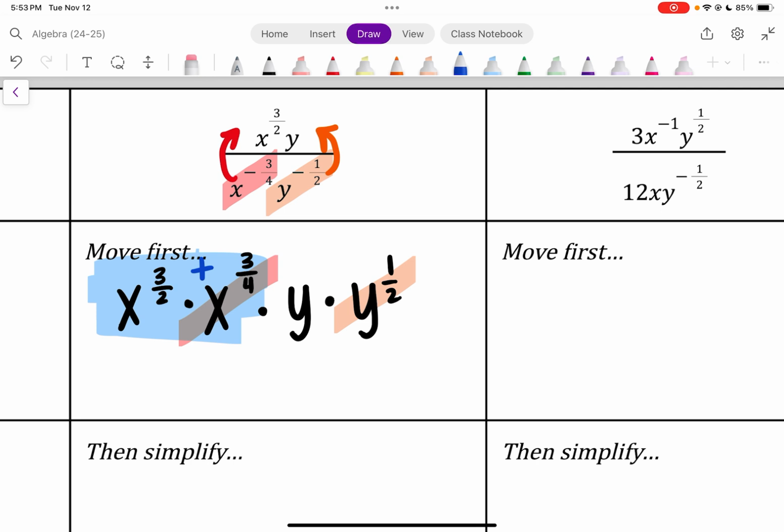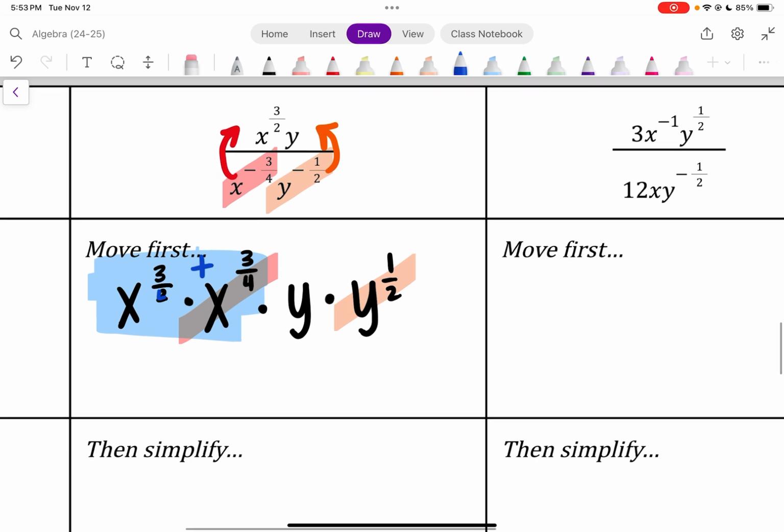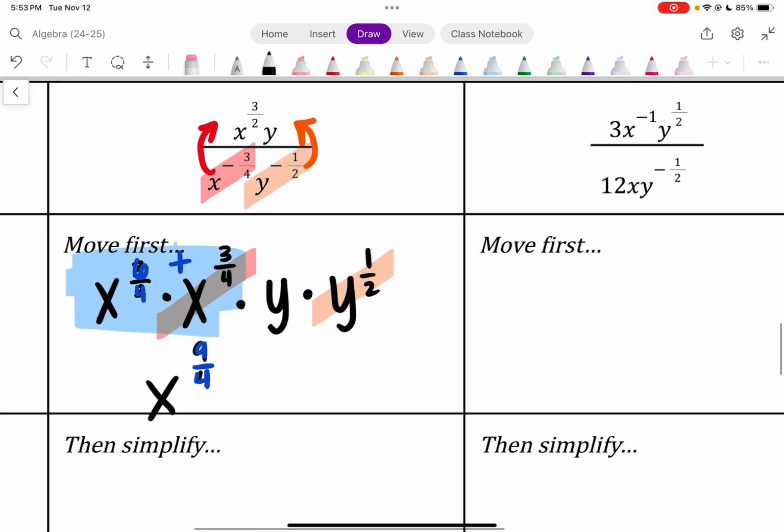So I'm going to get my first exponent to have the same denominator. So 4, so I had to multiply that by 2. So now it's 6/4. So now I have x to the 9/4 because we added those together. And then I have y. Technically, there is a 1 here. Okay.